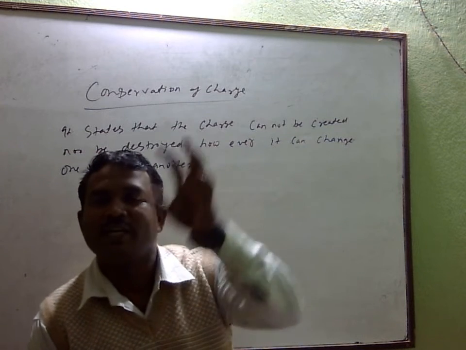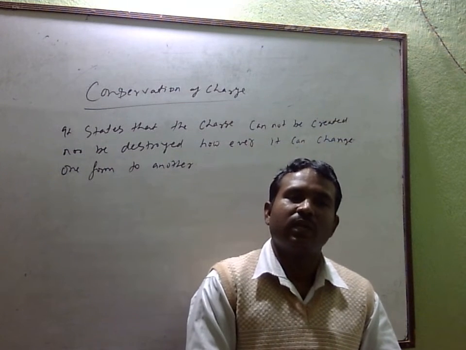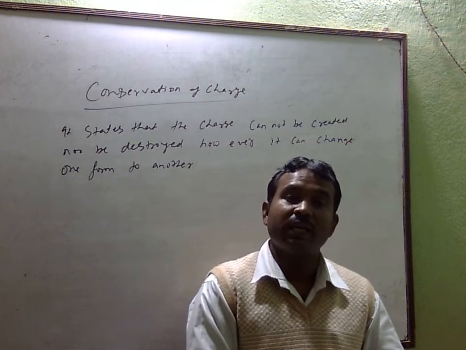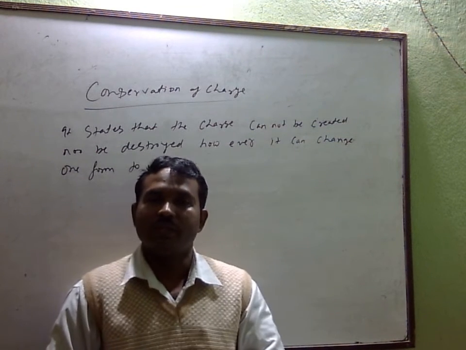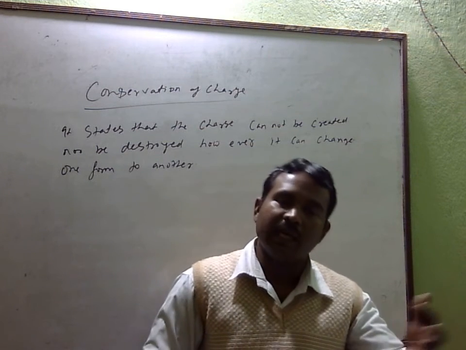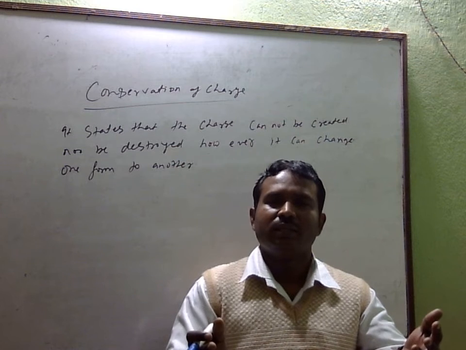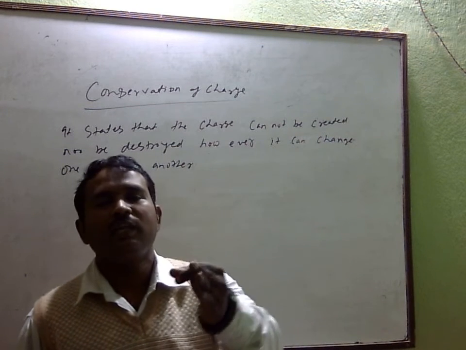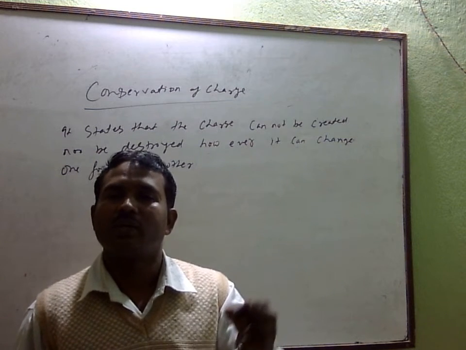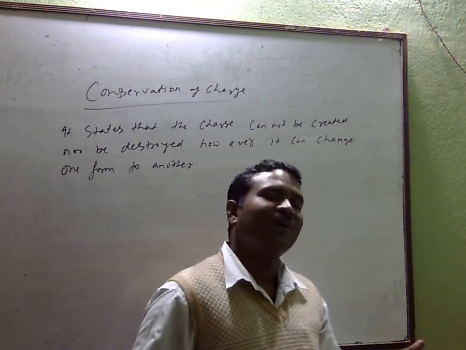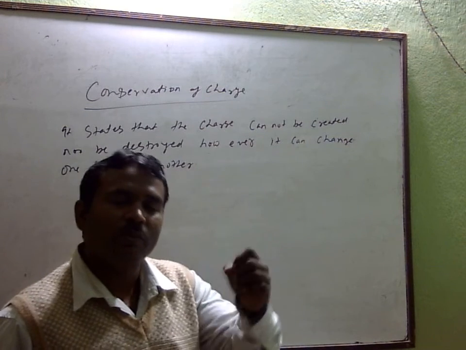What are the properties of electric charge? The question may arise: what is electric charge, write two or three properties. You will write its definition: it is the additional property of protons and electrons which gives rise to electric force between them. Then the properties.